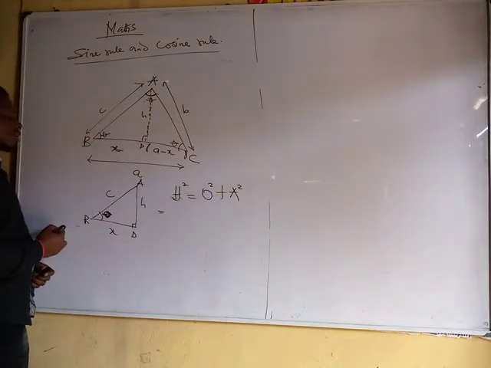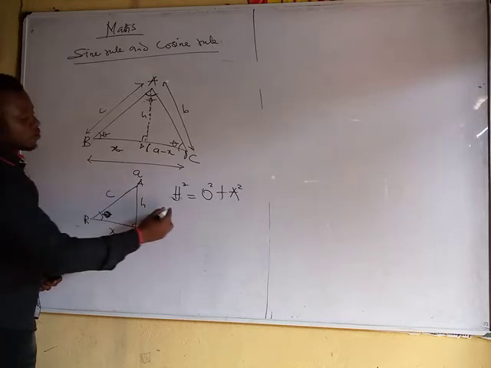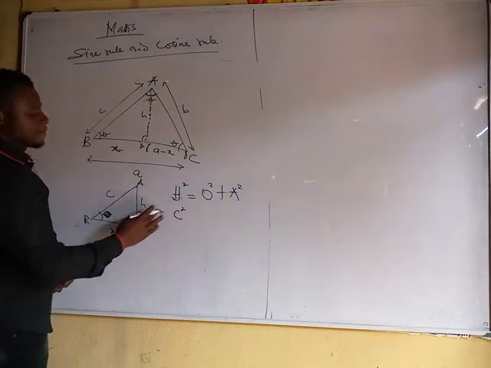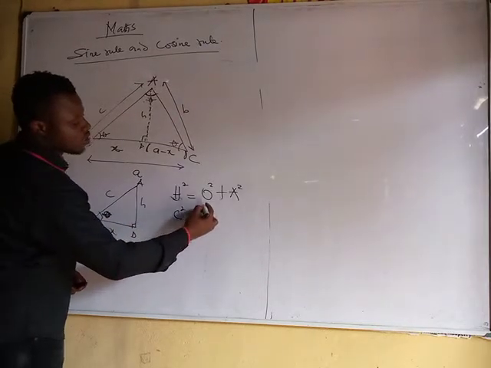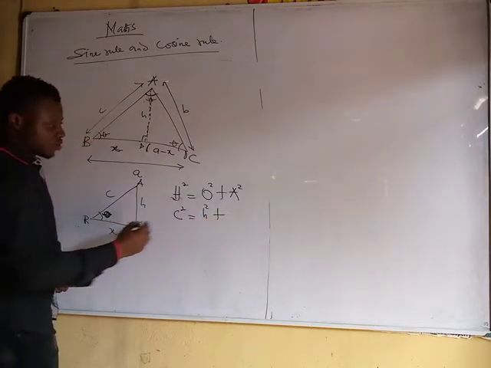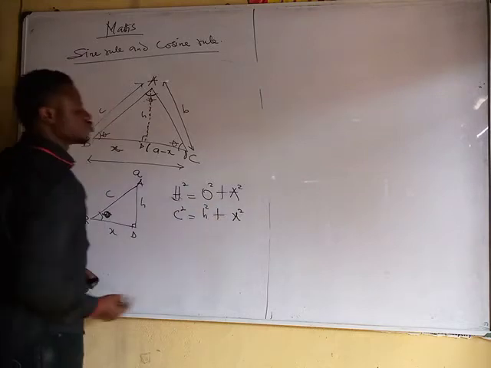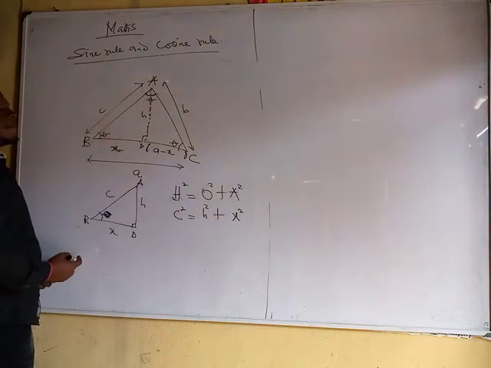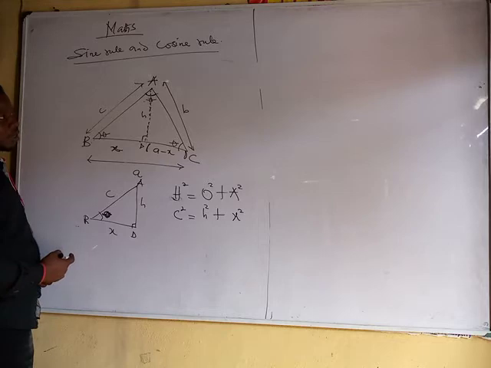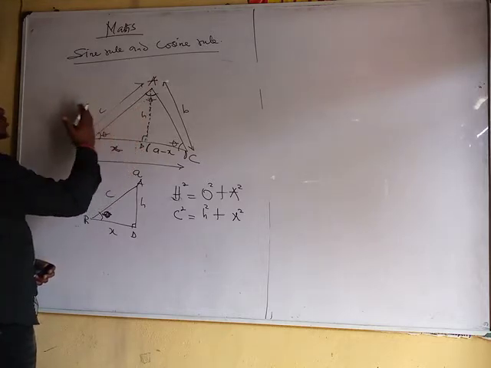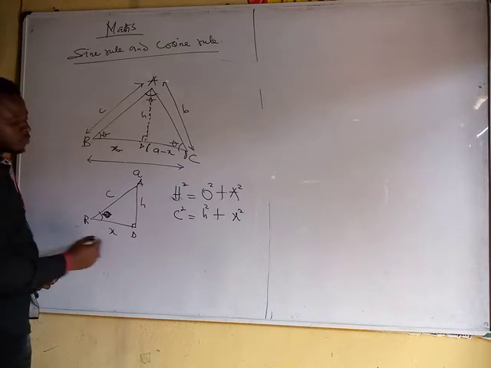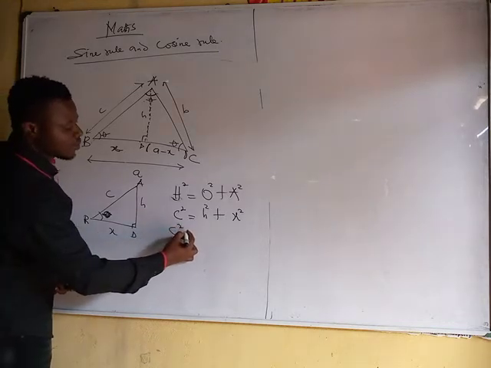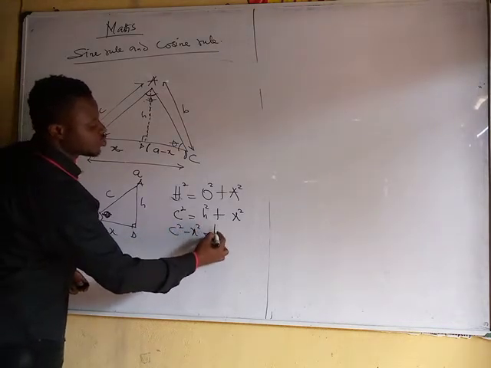Our hypotenuse square is c square, which is equal to opposite square, h square, plus adjacent square, x square. Making h square the subject of the formula, because it's a common side that is combining the two triangles to give us a full triangle, you can see c square minus x square is equal to h square.